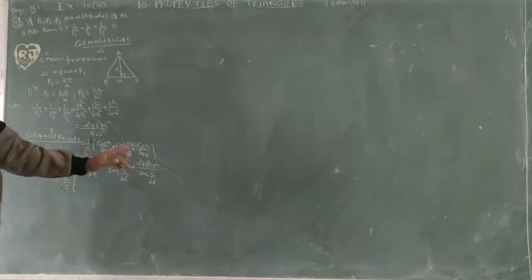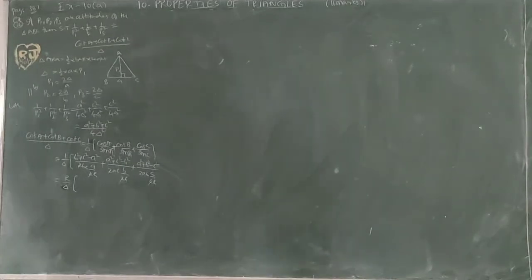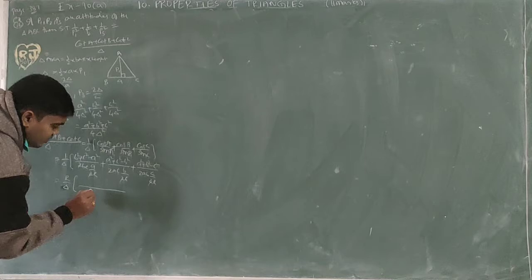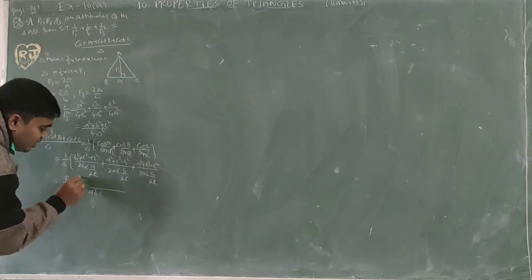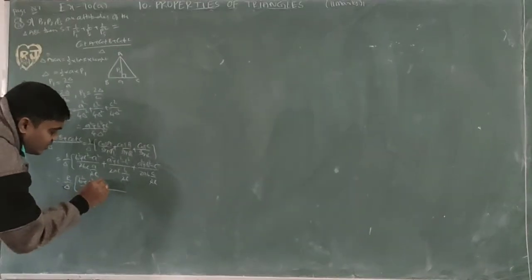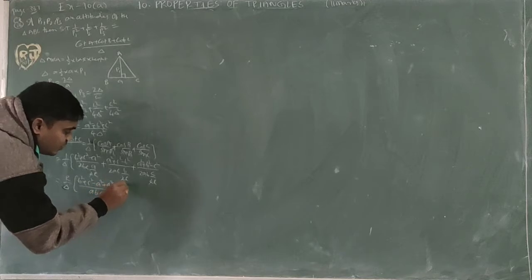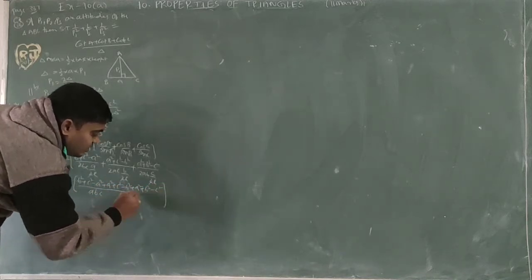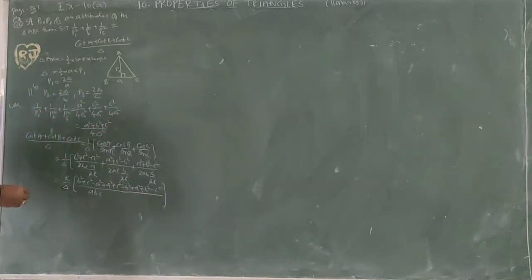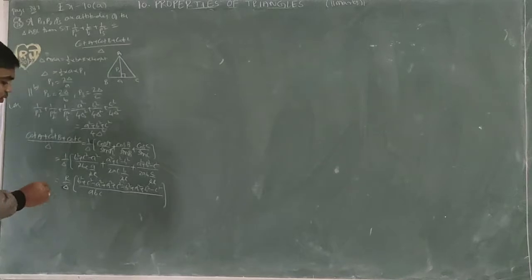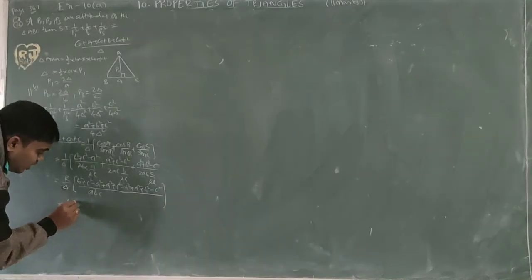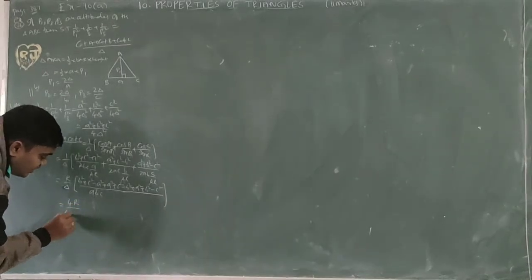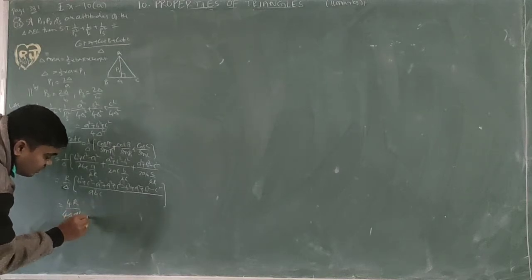Here cot A is b square plus c square minus a square by abc. Here abc, here also abc. So the denominator is abc, and the numerator is b square plus c square minus a square, a square plus c square minus b square, a square plus b square minus c square. So now multiply and divide with delta, so 4R by 4 delta abc.